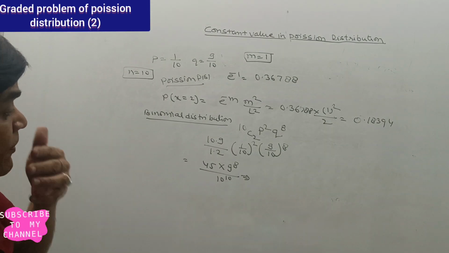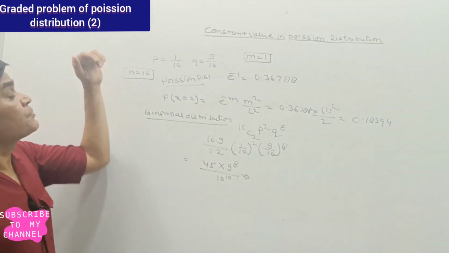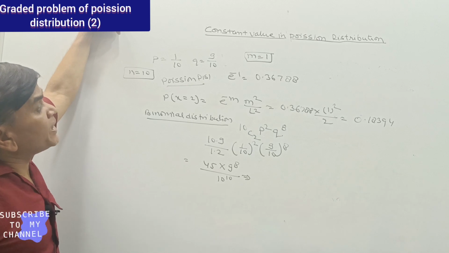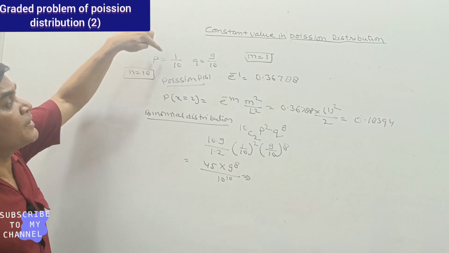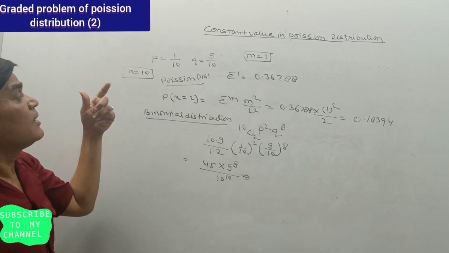How will we solve this? The question was asking: a TV manufacturing company found that out of 10 TV, 1 is defective. So the defective is 1 by 10, perfect is 9 by 10.